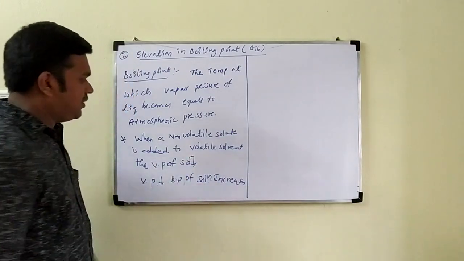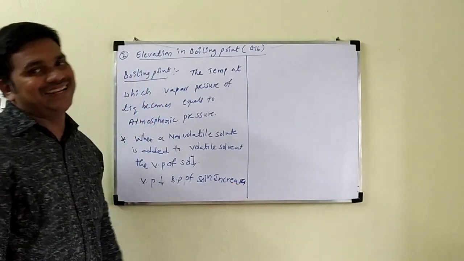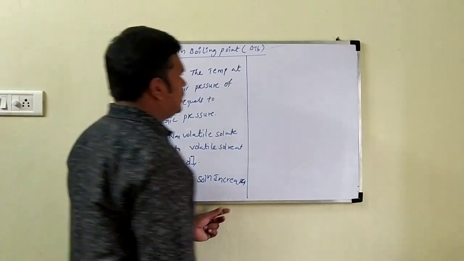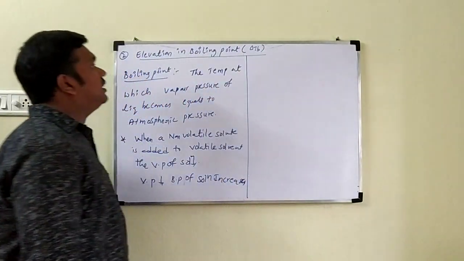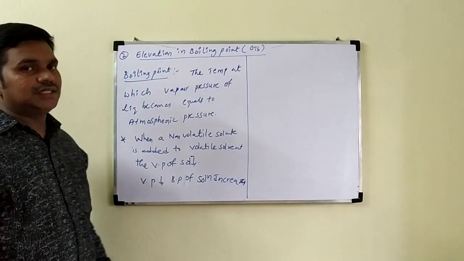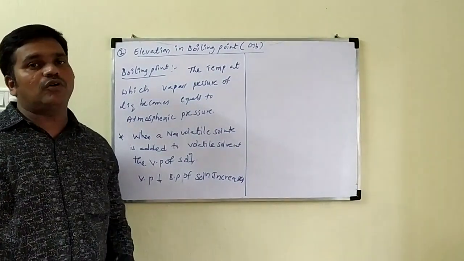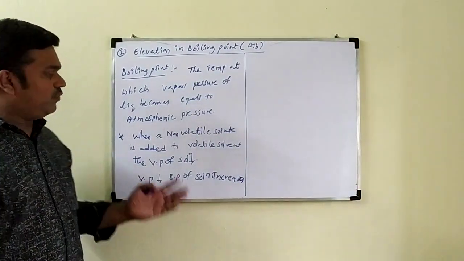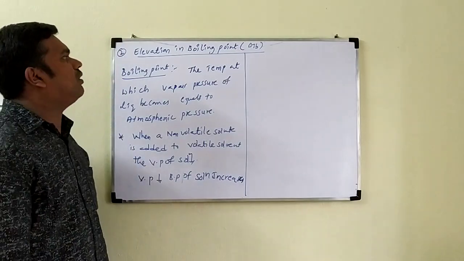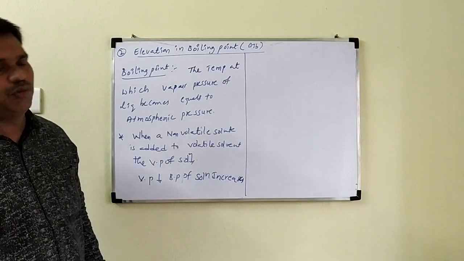When the vapor pressure decreases, the boiling point of the solution increases only. Now how can you define the elevation in the boiling point? The increase in the boiling point of the solution when a non-volatile solid is added to a volatile solvent is called elevation in the boiling point.